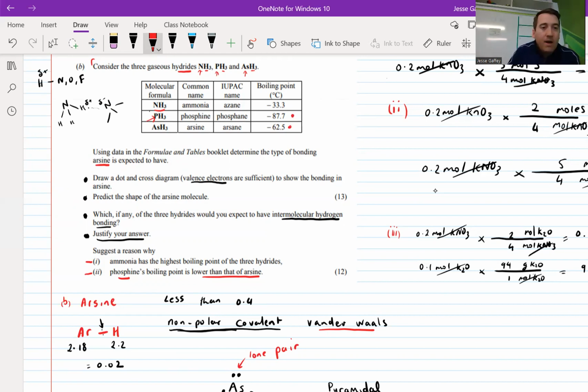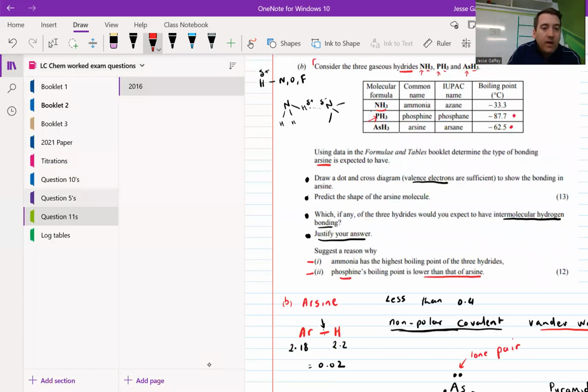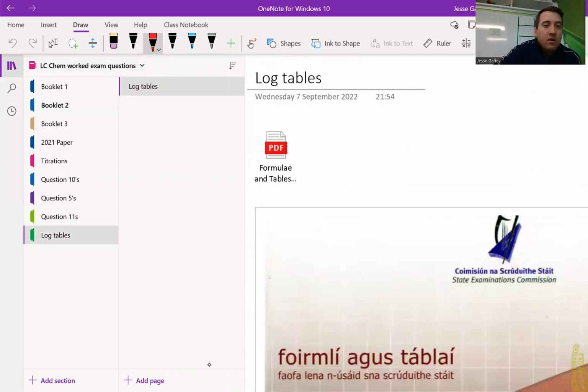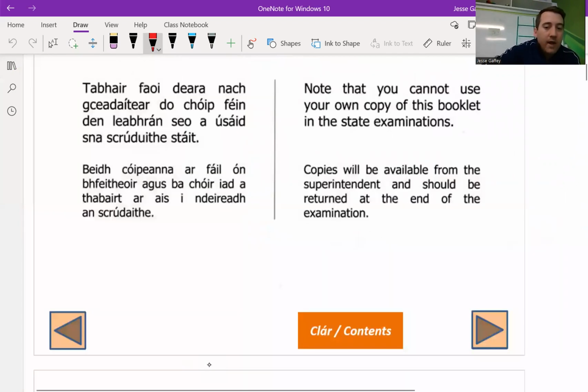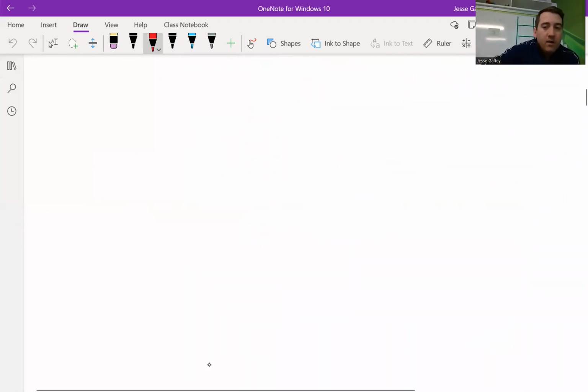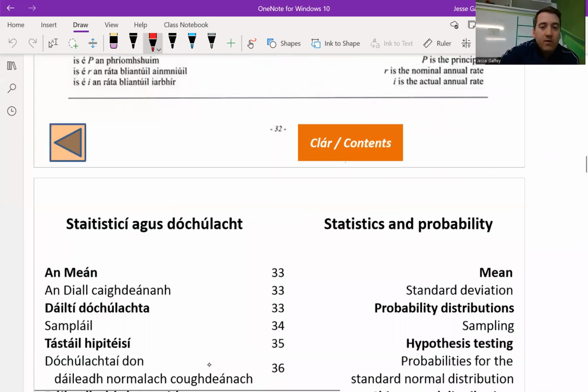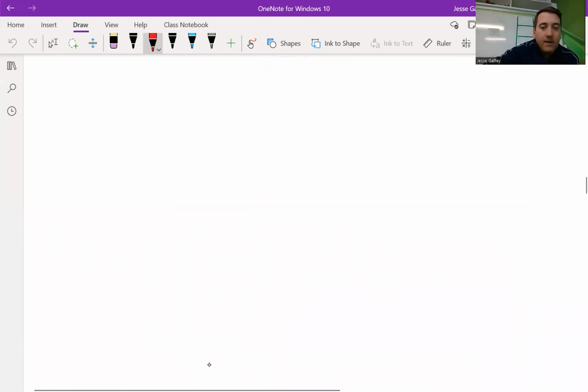But if you go back to your periodic table for a second, you can see that both of these molecules have their central atom in the same group, nitrogen and phosphorus. So just going to have a little look here. Just trying to get down to the periodic table.